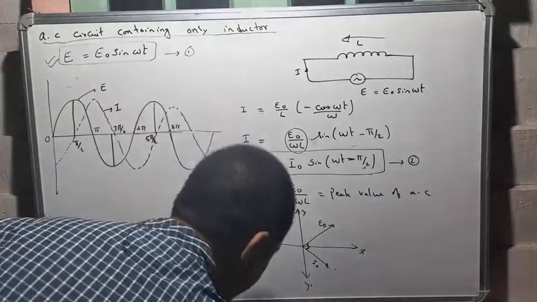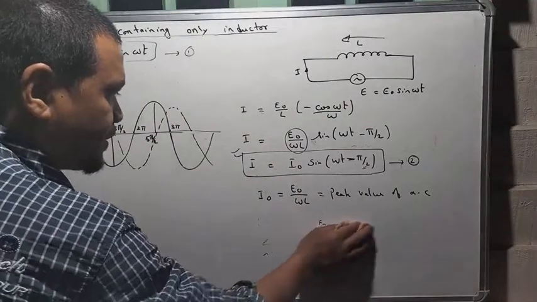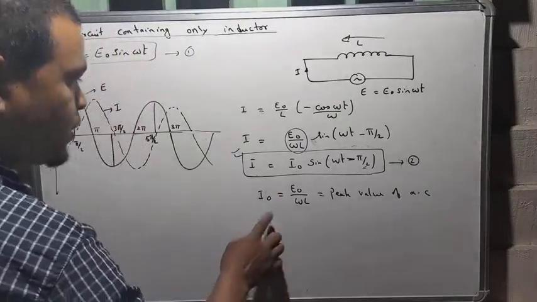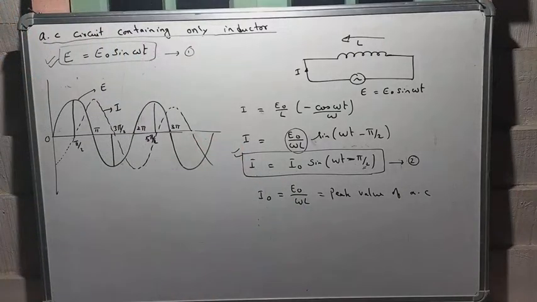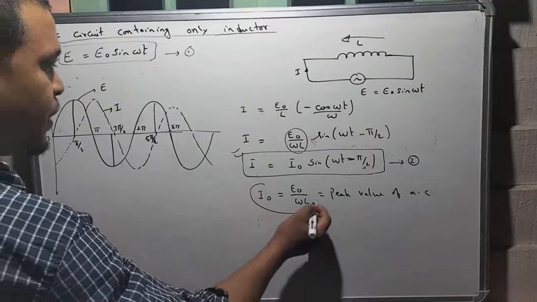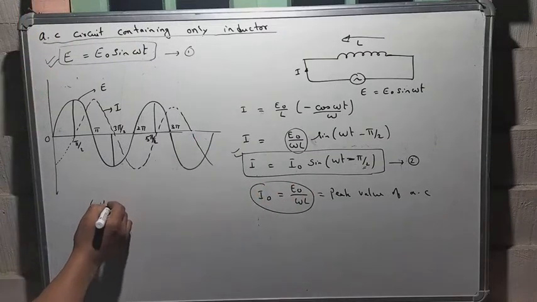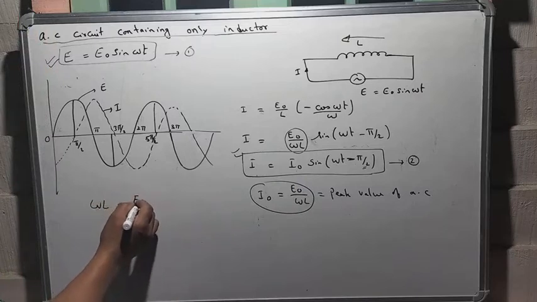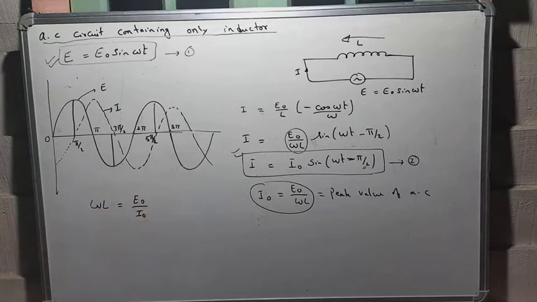Now, coming to this equation, I naught equals E naught upon omega L. What does it mean? So, if you find out omega L from here, you will get E naught upon I naught. So, what is this E naught upon I naught? EMF upon current.